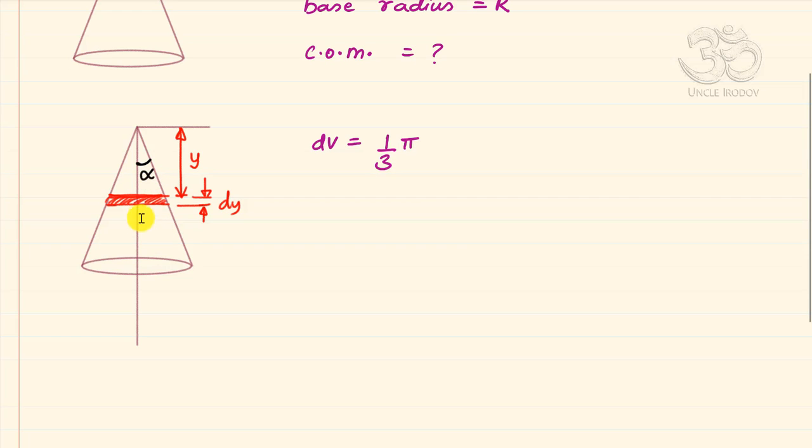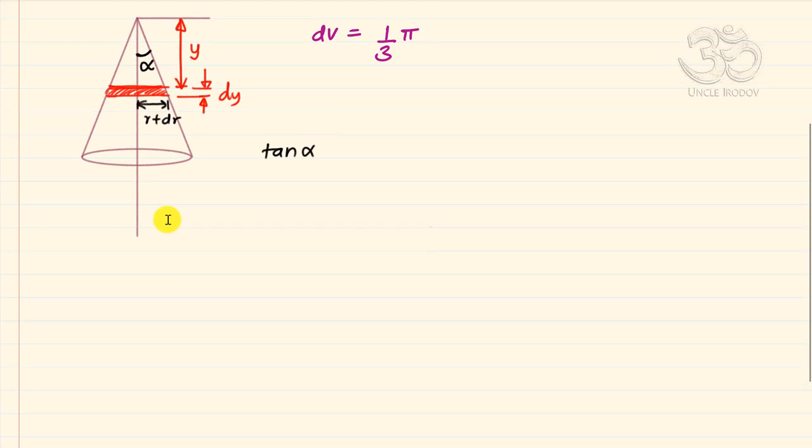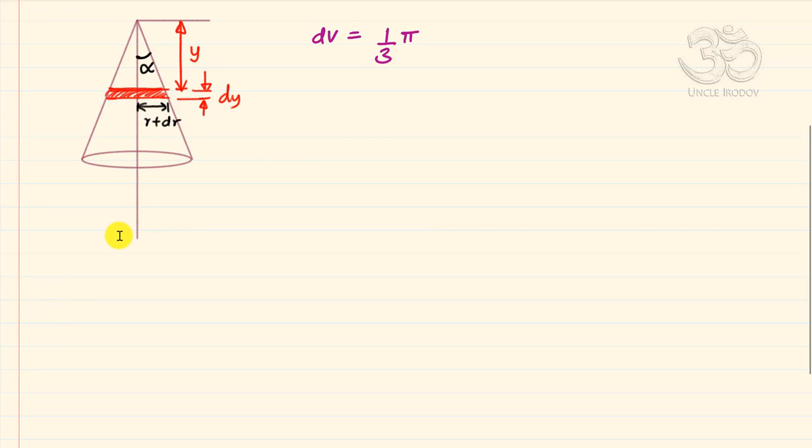Then the larger radius, which is r plus dr, is such that tan alpha is (r plus dr) divided by (y plus dy), which is also equal to r by y, if small r is the upper radius.